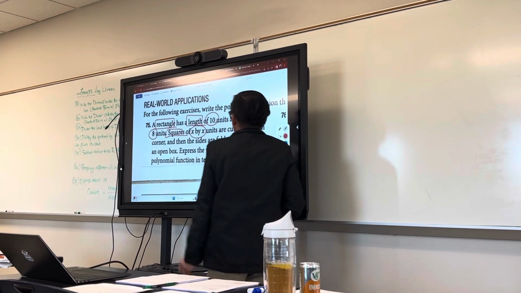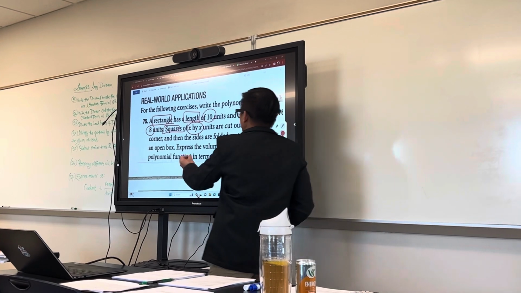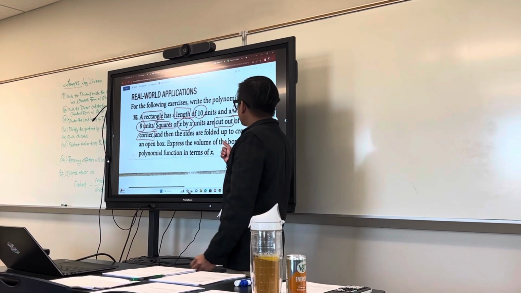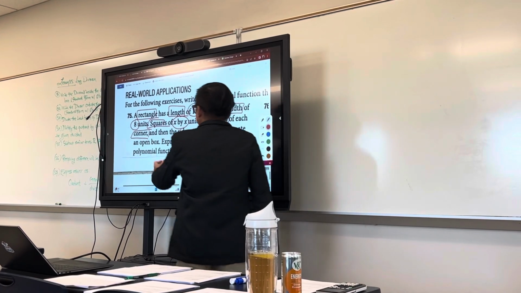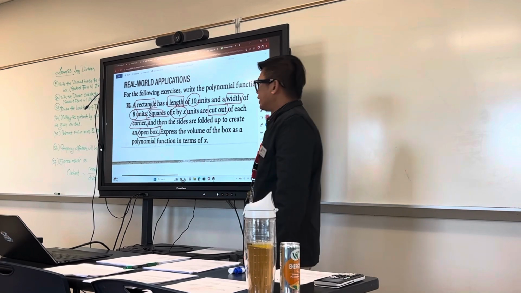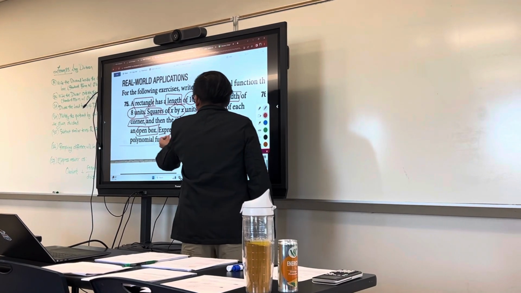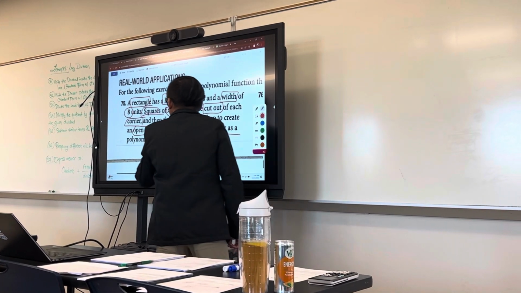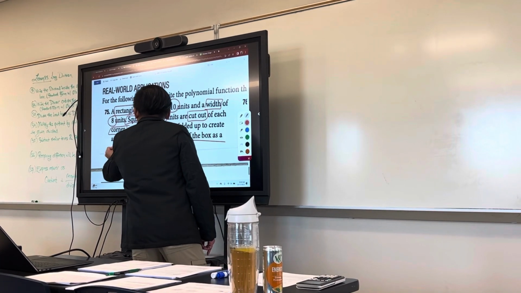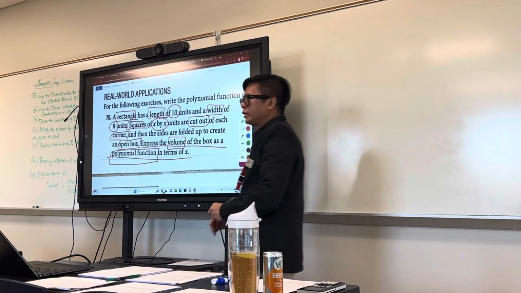X by X units are cut out of each corner, right? And then the sides are folded up to create an open top box, right? The question now is to express the volume of the box as a polynomial function in terms of x.